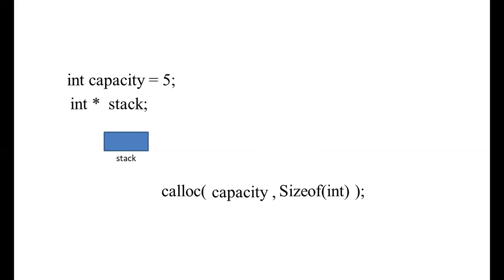What the calloc function does is, with capacity 5 and the size of integer 2, 5 into 2 is 10 bytes. So that 10 bytes of memory will be allocated to the block.